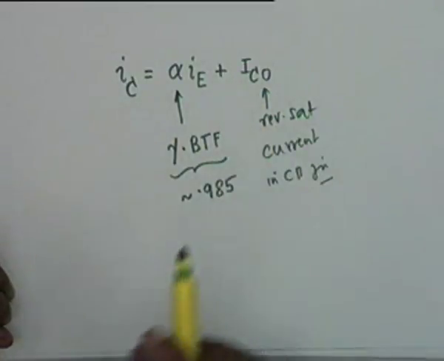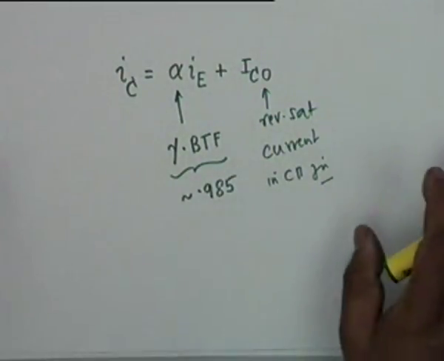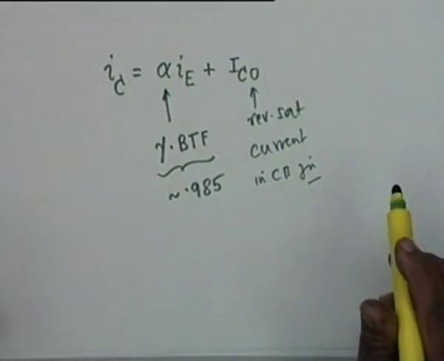Okay. So this is the current relationship. I sub C, the collector current, is equal to alpha I sub E plus I sub CO.